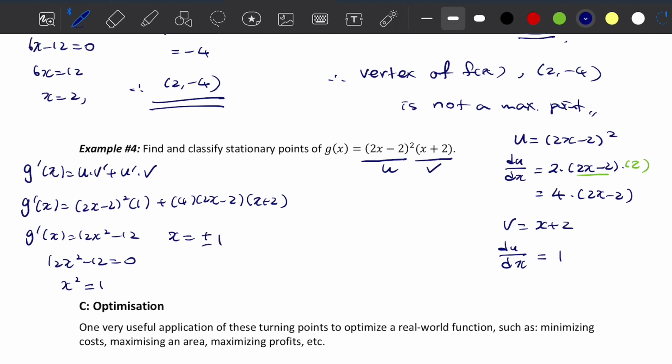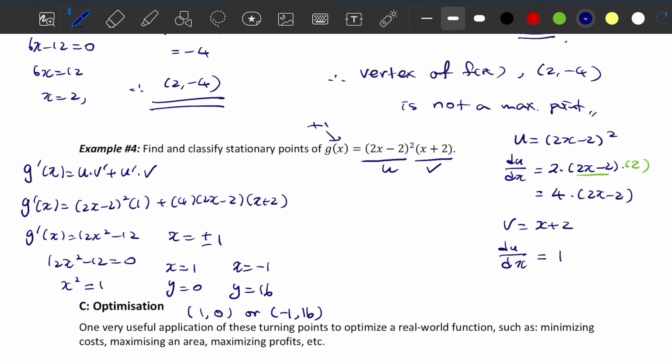Then we can find the y values, right? When x is equal to 1, we substitute this value back into the original equation, and we get y equals 0. And when x is equal to negative 1, we get y equals 16. So we have the coordinates (1, 0) and (-1, 16).